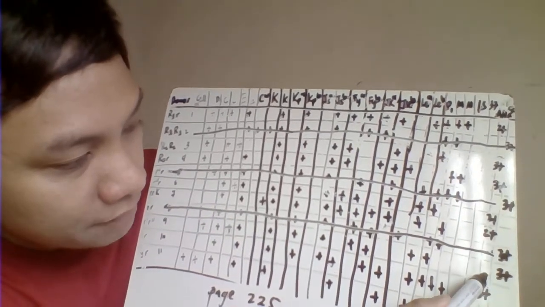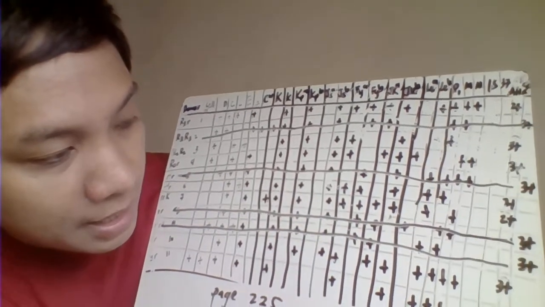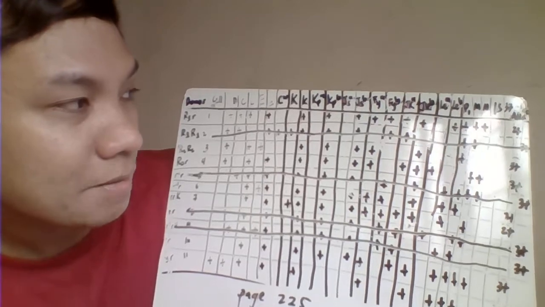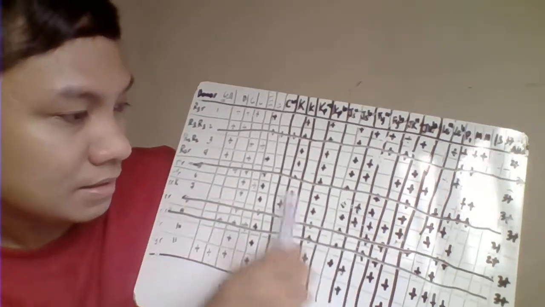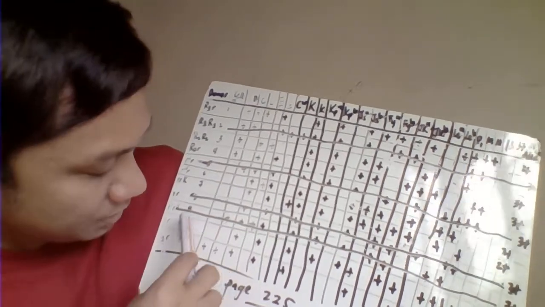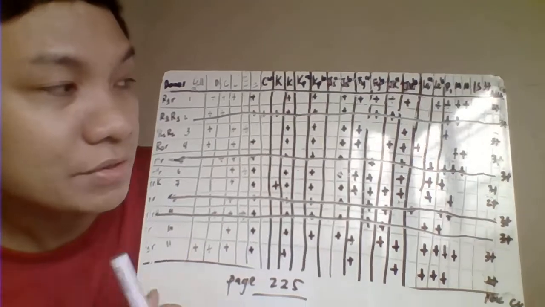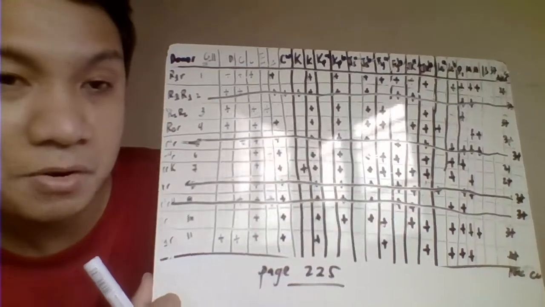This one is also negative, so it is ruled out too. What remains are the panel cells that were positive: panel cell number 1, panel cell number 3, panel cell number 4, panel cell number 6, panel cell number 7, panel cell number 10, and panel cell number 11. Then we need to check each blood group antigen.